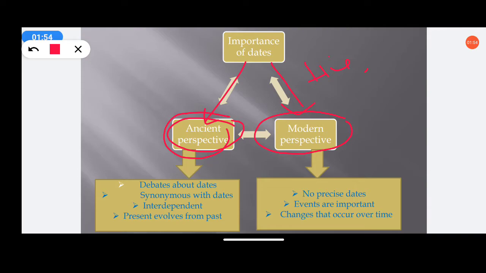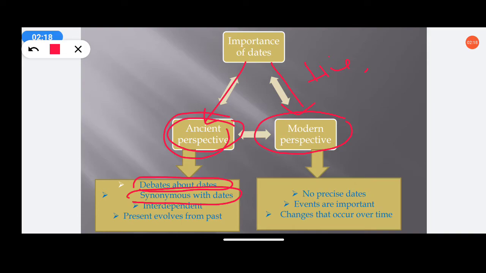That is why there were heated debates among them about the importance of dates in history. They considered dates core to history. That is why, according to them, history is synonymous with dates.